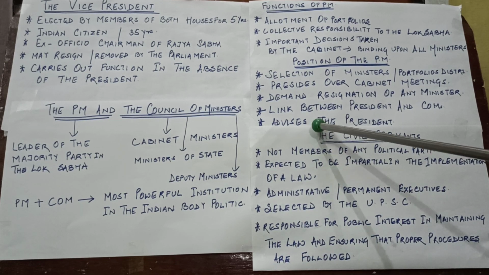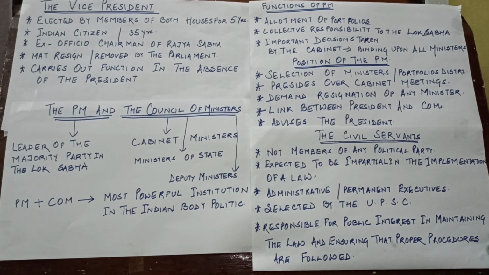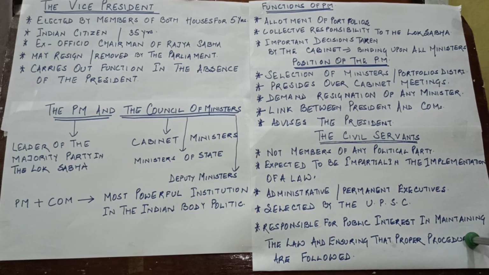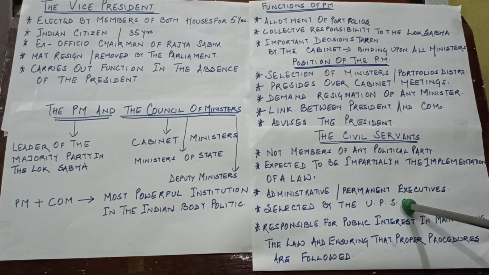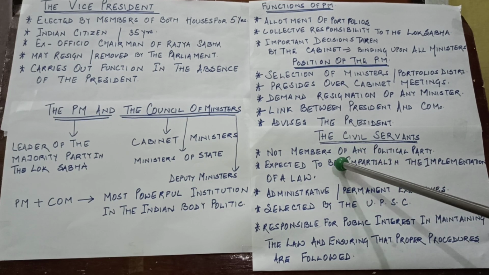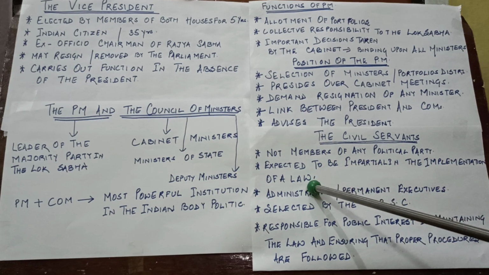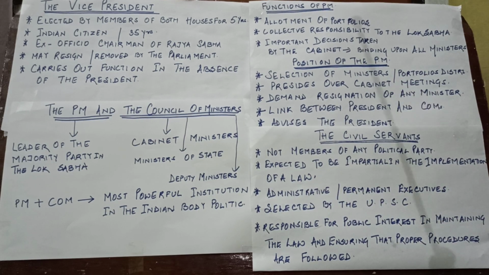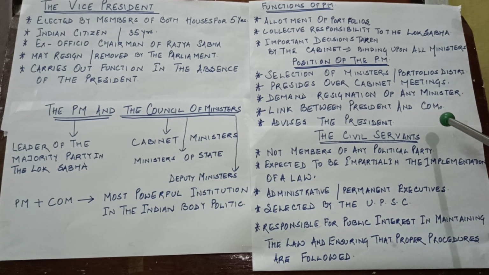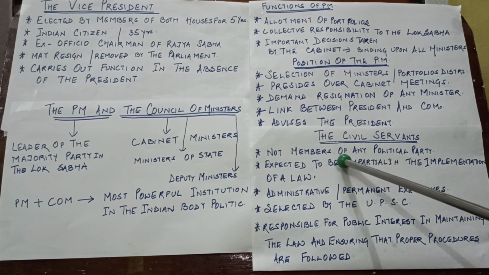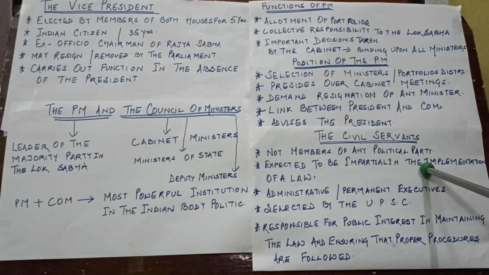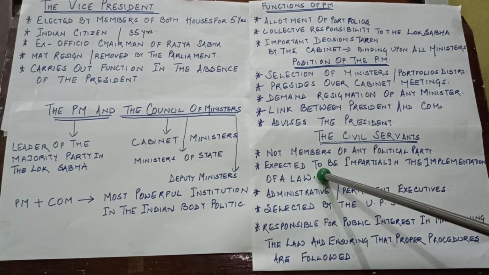So altogether, the civil servants are also a part of the executive in the way that they are the ones who implement the laws which have been formulated by the cabinet ministers. As they do not belong to any political party, they are expected to be impartial in the implementation of a law.